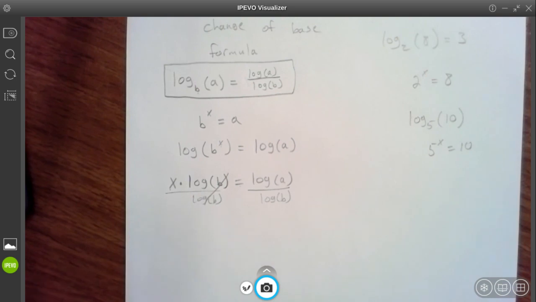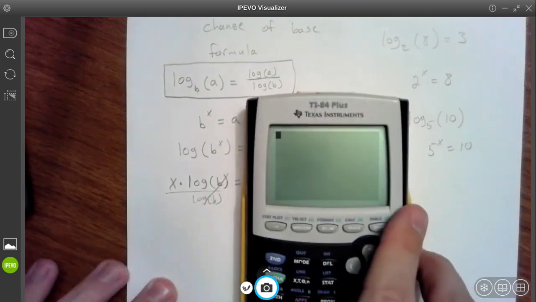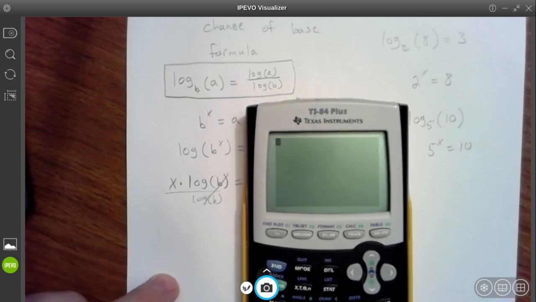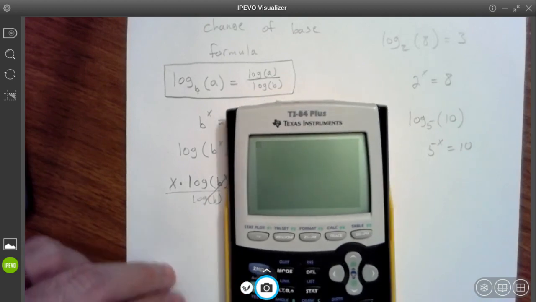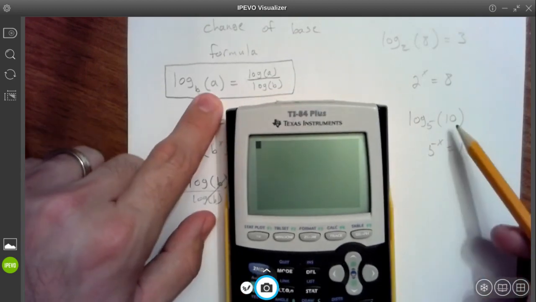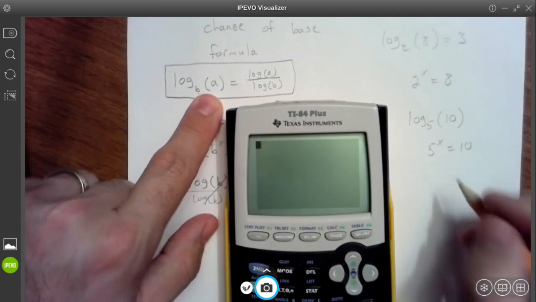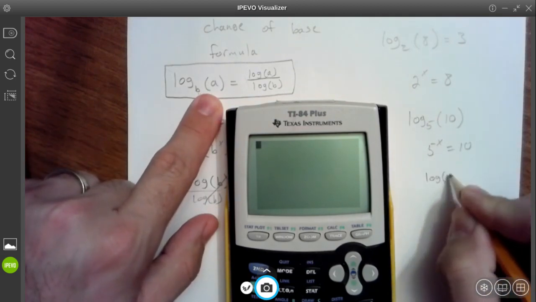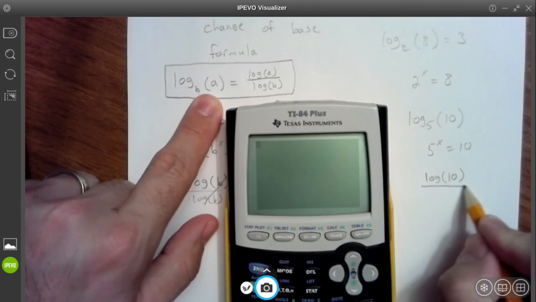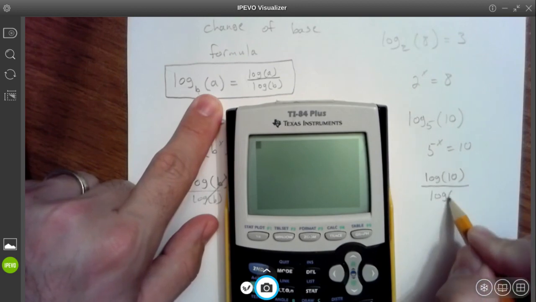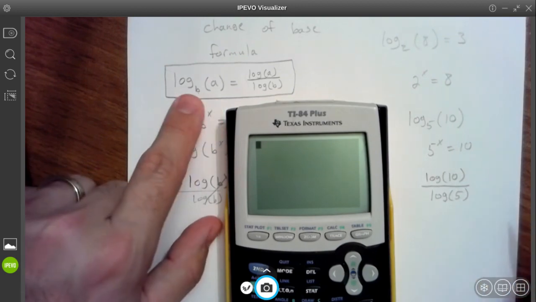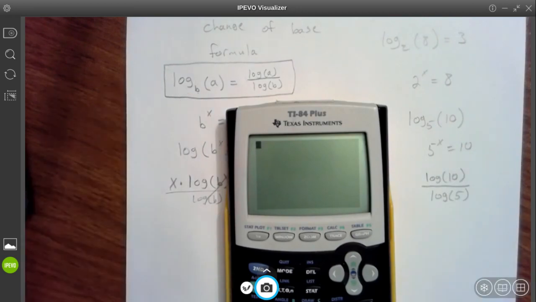So let's revisit this problem over here again. If I want to do the log base 5 of 10, let's see here. My a is going to be my 10, so I need to do the log of 10 divided by the log. My base was 5, so divided by the log of 5.